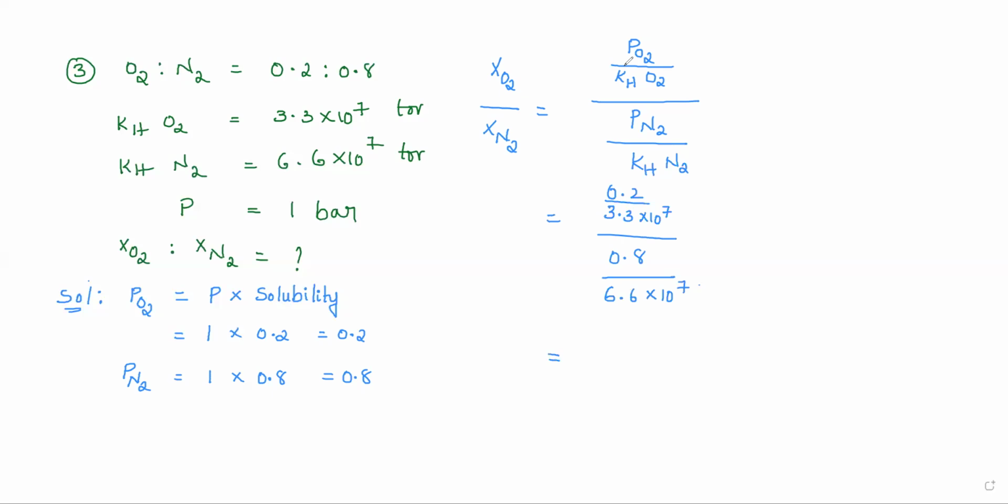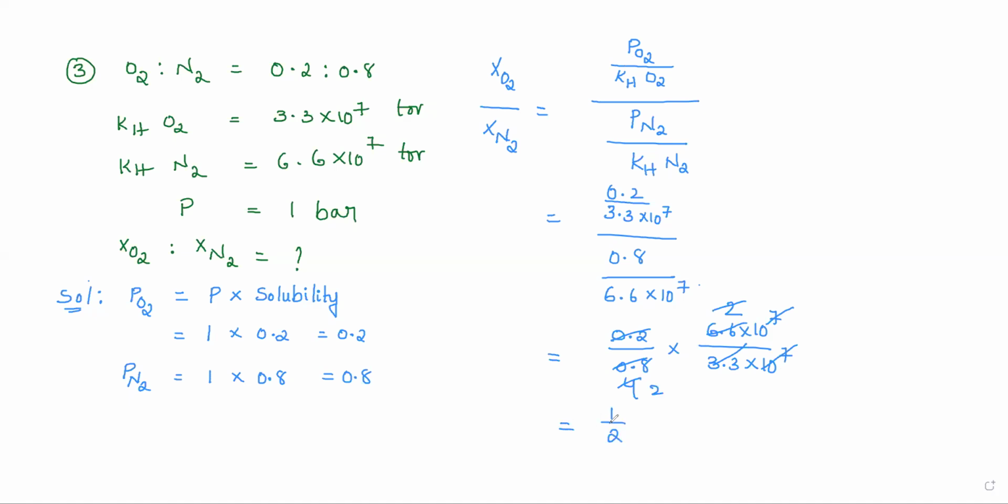Understand? So we can also write 0.2 into 10 power 7 upon 3.3 into 10 power 7, and simplify this. You will get 1 by 2.